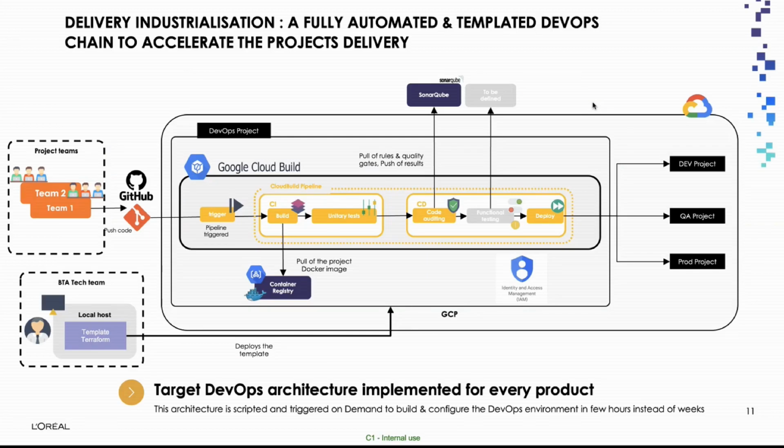So just to give you an idea of how we deploy everything for our products, this is a logical view of what our DevOps chain looks like. We use mainly Cloud Build with the triggers that are built on GitHub. So we do all of our integration tests on the Cloud Build pipelines, the unit tests, and then we do some code auditing with SonarQube.